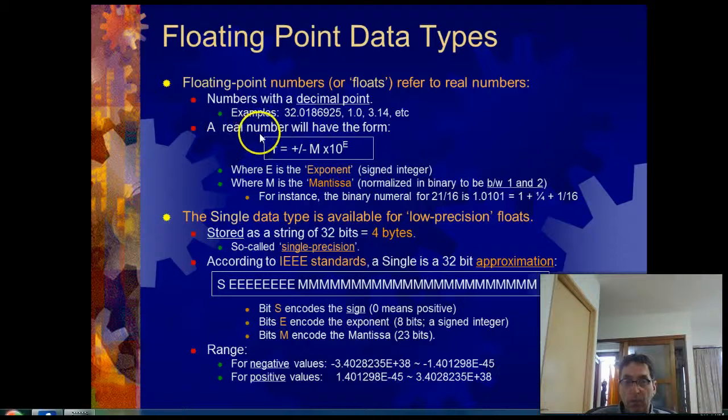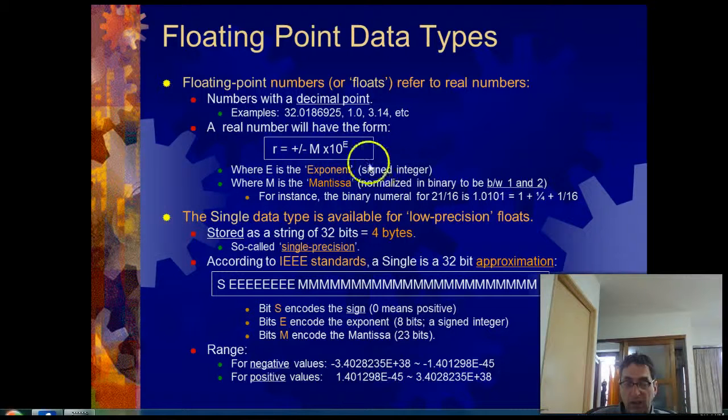A real number can be expressed as either plus or minus, then a mantissa, which is the decimal representation, times 10 to the e, where e is the exponent, the power of 10, and it's a signed integer.